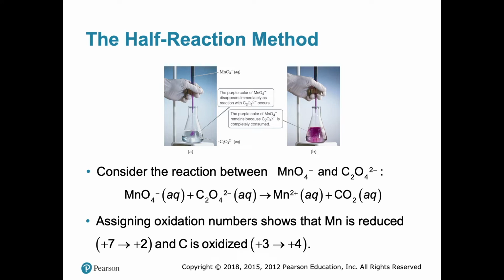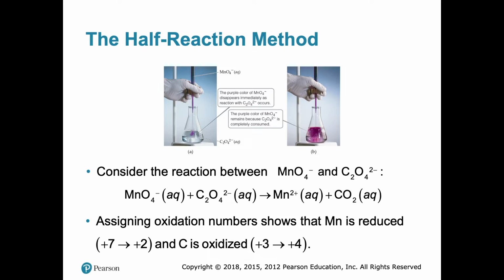Okay, we see that manganese here began with a +7, right? And then it became a +2, right? That means that manganese got reduced. When you go from +7 and you go down, that means you gained electrons. So that's a reduction.